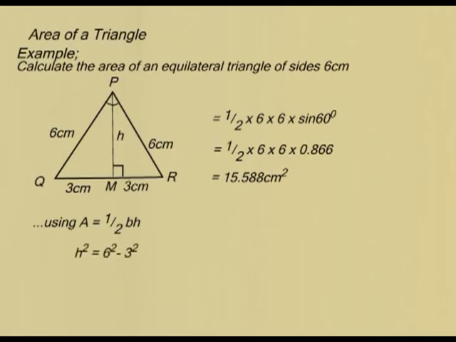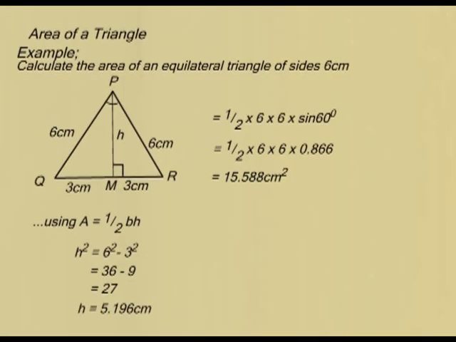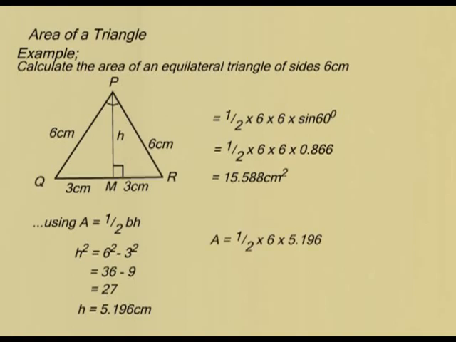So h squared is equal to 6 squared minus 3 squared. h squared is equal to 27 and h is equal to 5.196 centimeters. Area is equal to a half base times height, and that is a half times 6 times 5.196, and that gives us 15.588. Same answer.